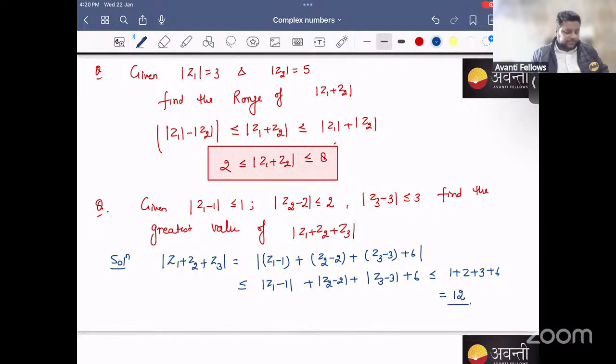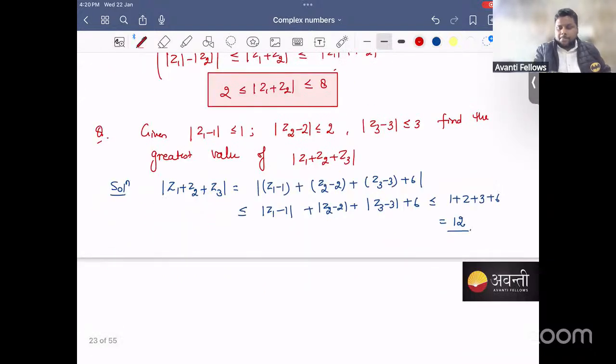This is the answer. Understood? So that means magnitude of Z1 plus Z2 plus Z3 can have a maximum value of 12. Very good question.